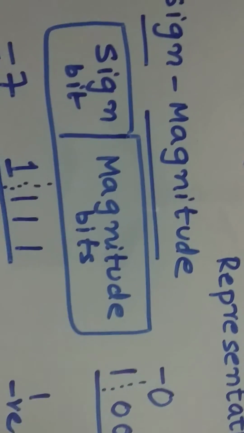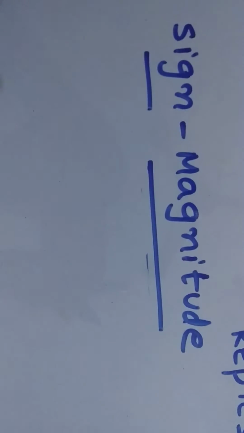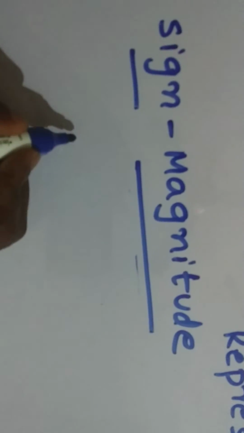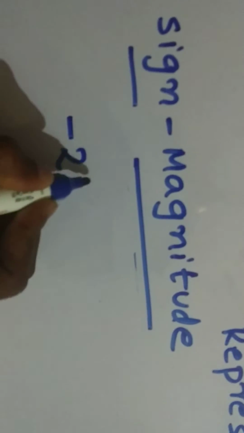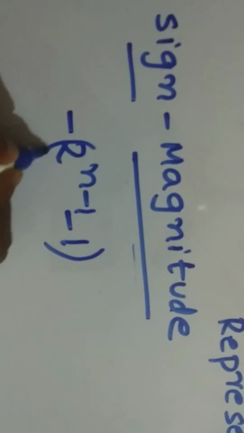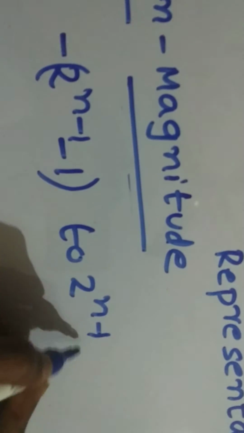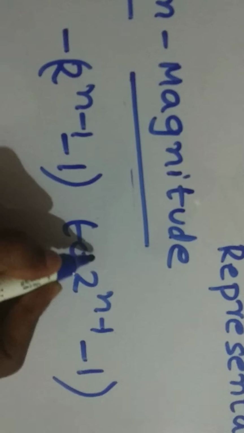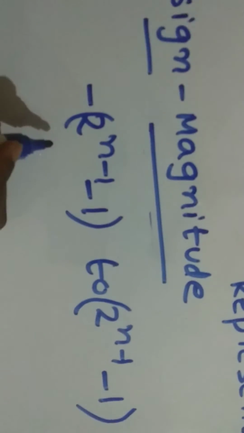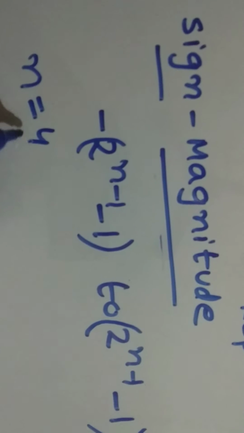Before going to 2's complement form, what's the range of sign magnitude form? The range of sign magnitude form is -(2 power n minus 1, minus 1) to 2 power n minus 1, minus 1. Let us consider n equals 4, so 4 bits.